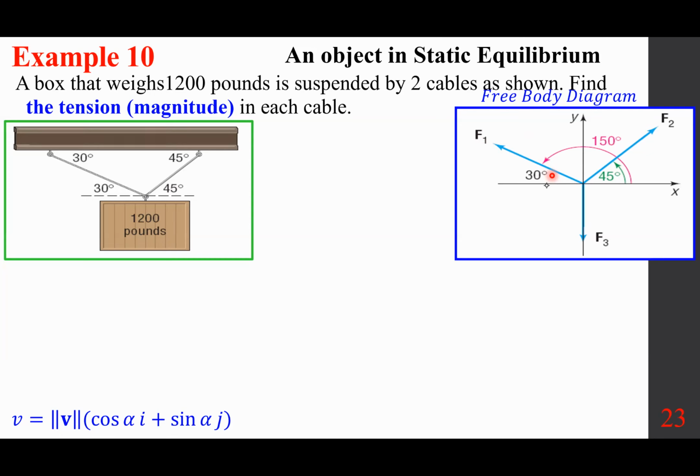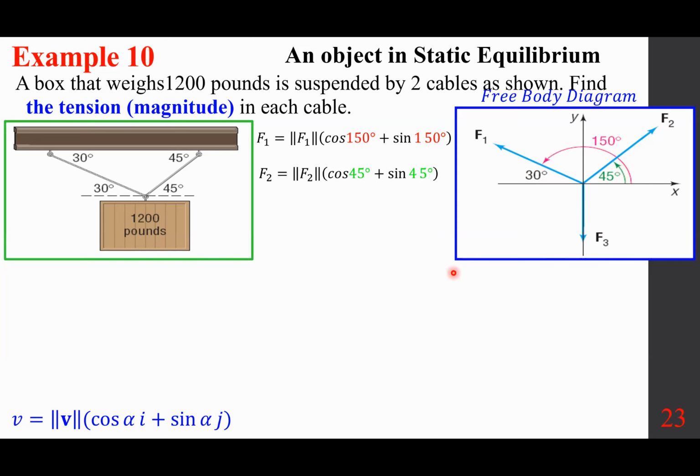That's what we are looking for, by the way. Now, this is 30 degrees, makes this one 150. So cosine of 150 plus sine of 150. F2, the magnitude of F2, and now the angle is 45 degrees, cosine of 45 plus sine of 45.